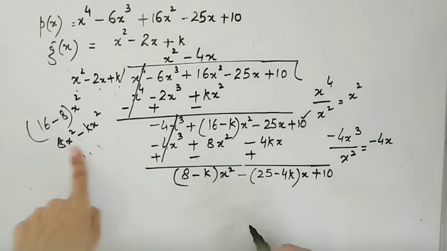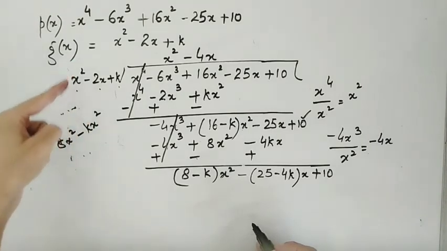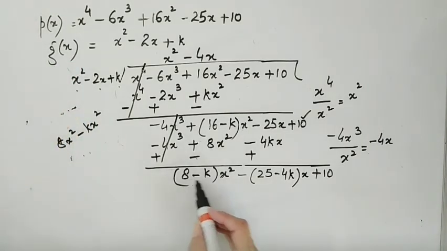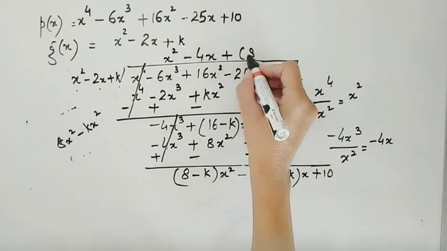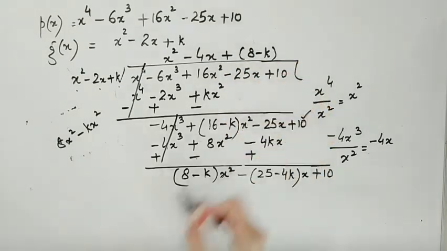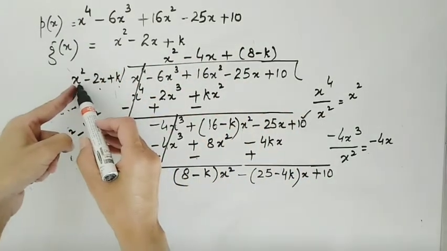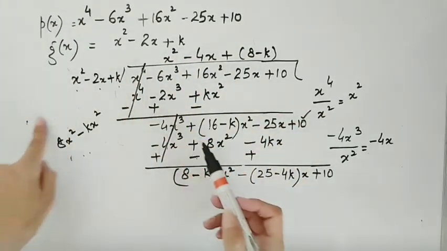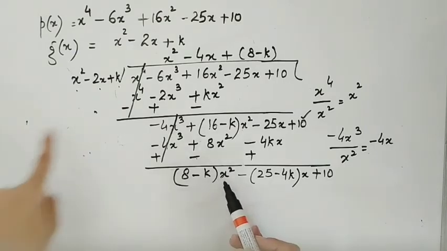Now our next step. Next step would be to observe the first term. This is x square and here it is (8 minus k) x square. Undoubtedly, our last term of the quotient should be 8 minus k, because then only these two when multiplied would make it (8 minus k) x square.